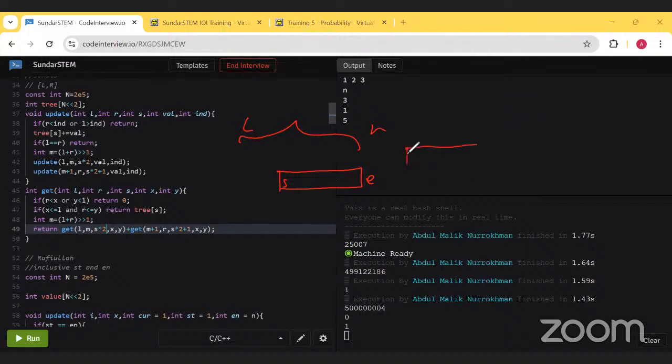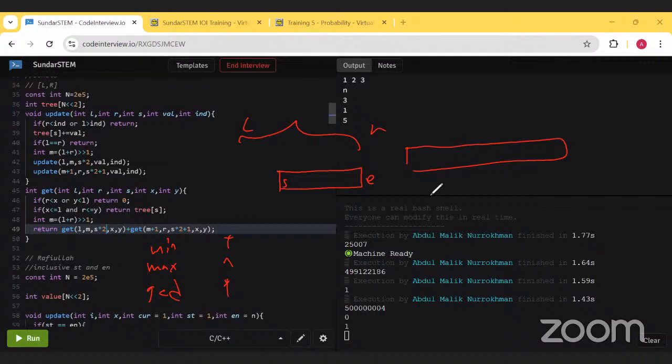The operation is not just simple, like minimum, maximum, plus, XOR, multiply, greatest common divisor, and so on. But sometimes the operation is more complex. Let's say, like what?